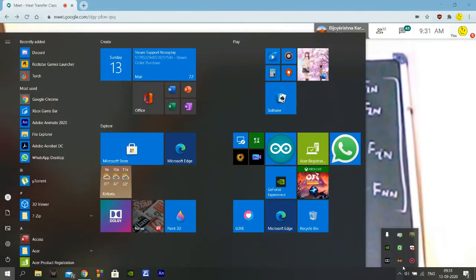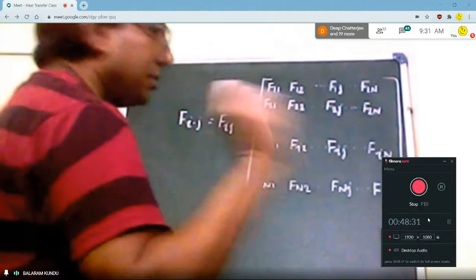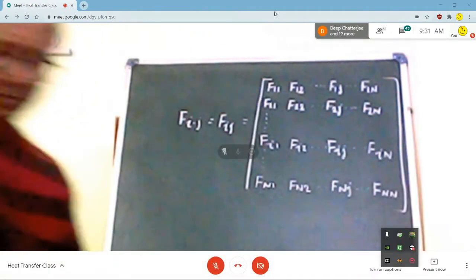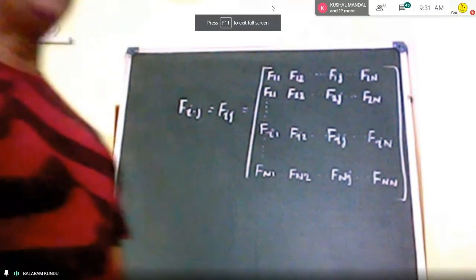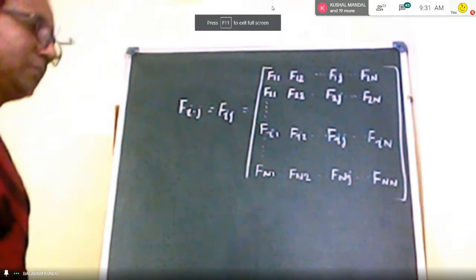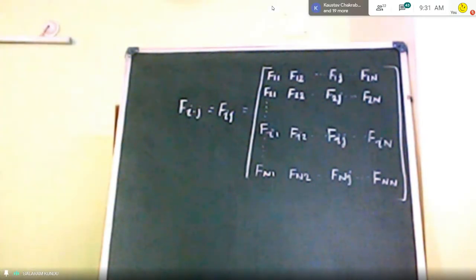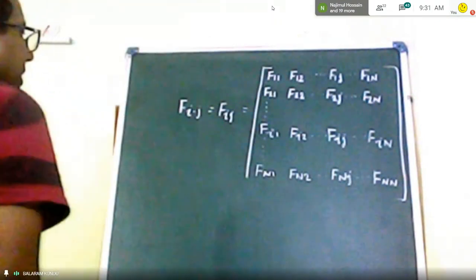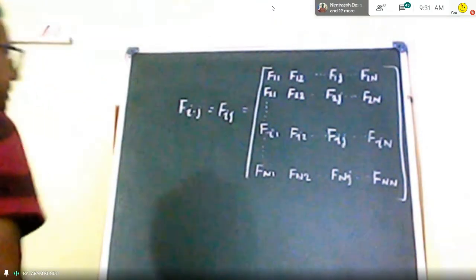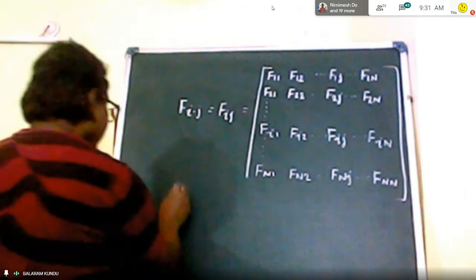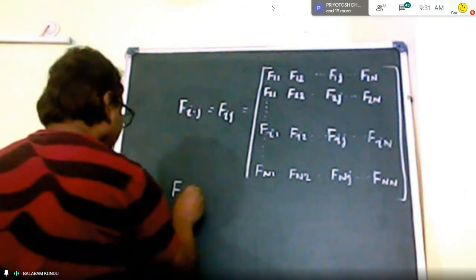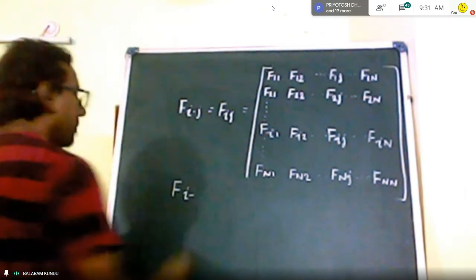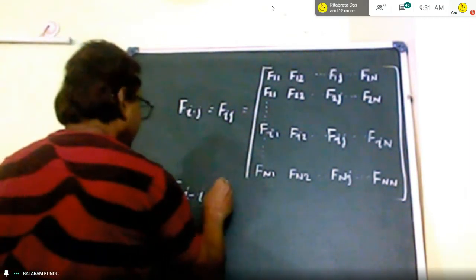Now, if some simplifications are there, say you have an n zone enclosure. All surfaces are, say, plane surfaces or convex surfaces. If all surfaces are plane or convex, then we can write F of i i equal to 0.